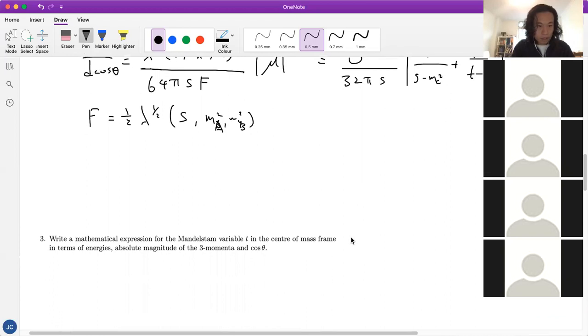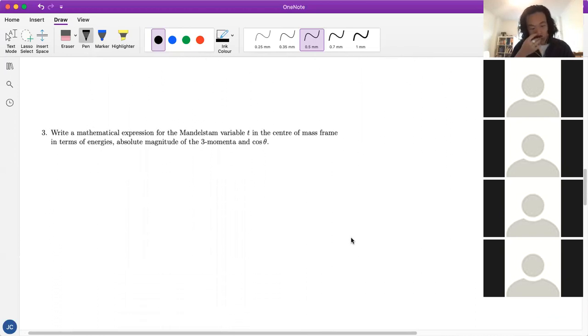Okay. 3, write a mathematical expression for the Mandelstam variable t in the center of mass frame in terms of energy, absolute magnitude of the 3 momenta, and cos theta. So that's just a definition, so this is not really a question. You just take the definition, (p1 minus p3) squared is equal to p1 squared, which is m1 squared.